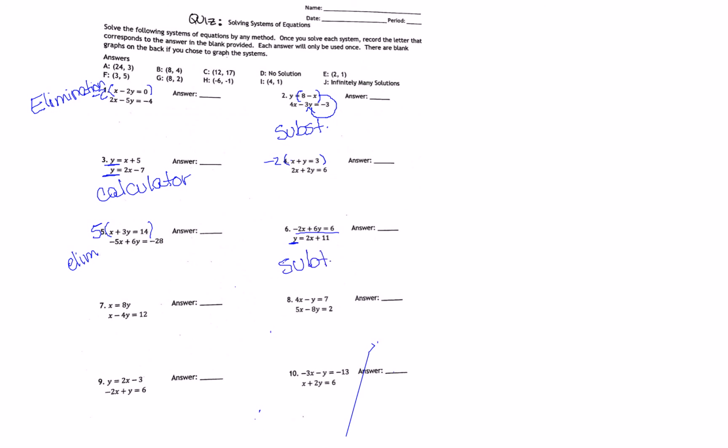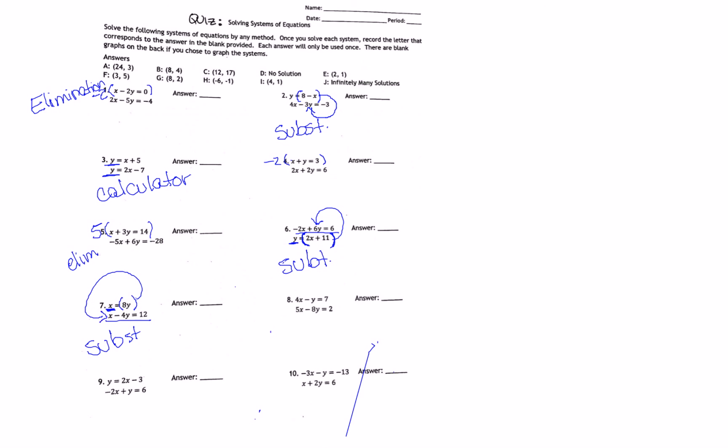So here you should get everything inside of the parentheses, so 2x plus 11, and plug it in here for y. And then once you solve for x, go back, plug it in, and solve for y. Here I have x equals and a standard form, so one more time, that's substitution. So you should get everything that is inside of the parentheses and plug it in here for x.